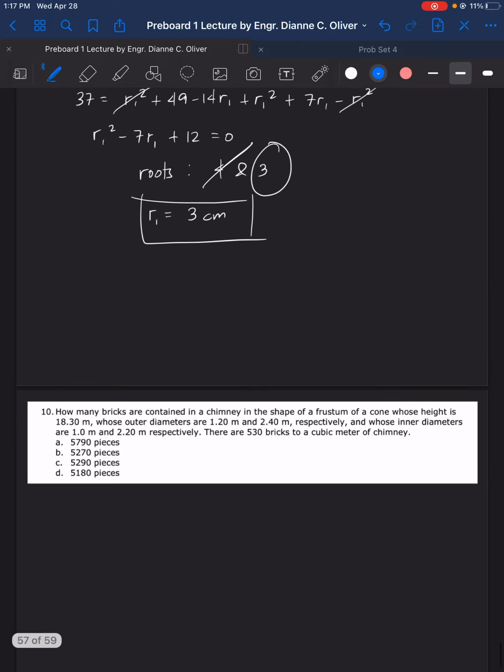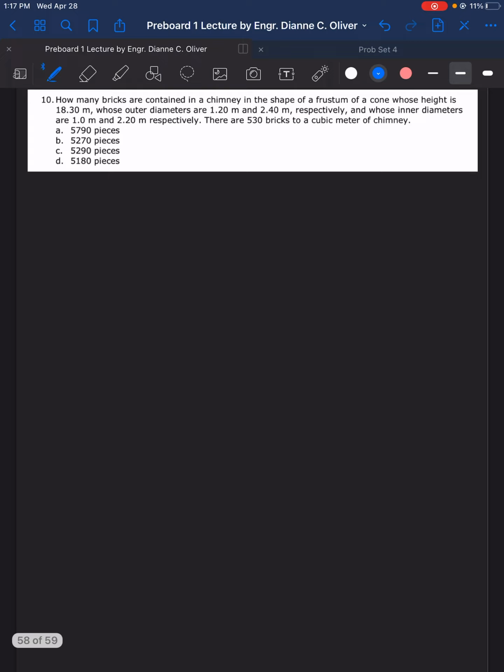Okay, let's go for number 10, the last problem. How many bricks are contained in a chimney in a shape of a frustum of a cone whose height is 18.30 meters, whose outer diameters are 1.2 meters and 2.4 meters respectively, and whose inner diameters are 1 meter and 2.20 meters respectively?